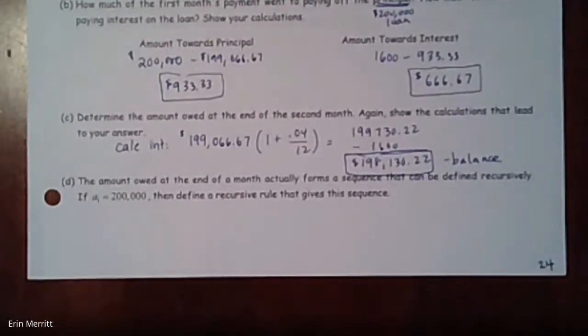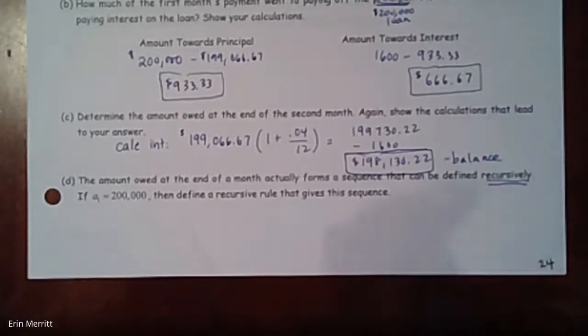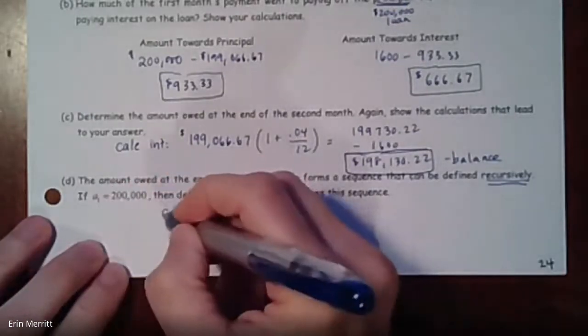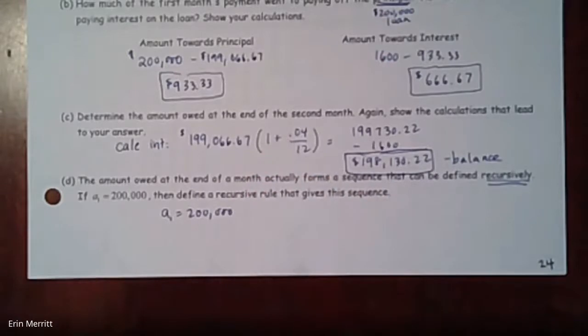Okay. The amount owed at the end of a month actually forms a sequence that can be defined recursively. Recursively means that you would have to tell me the first term and then give me the rule. Well, the first term was the 200,000, right? And then what were we doing?